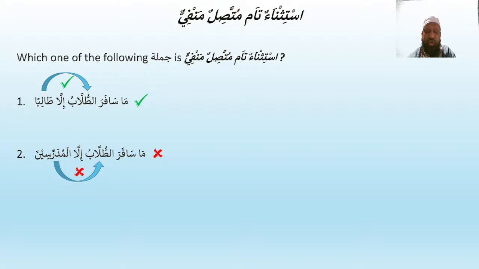When all these three conditions are matched, then you're allowed to have the i'rab of mustasna as it is, which is mansub, or you can follow the i'rab of mustasna minhu. That is called al-ittiba', following.